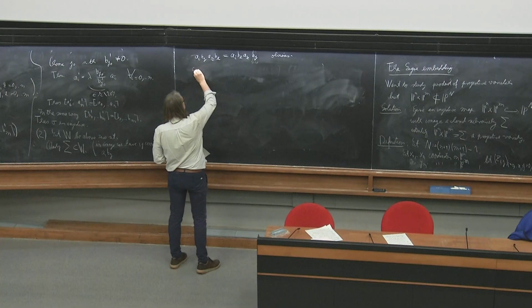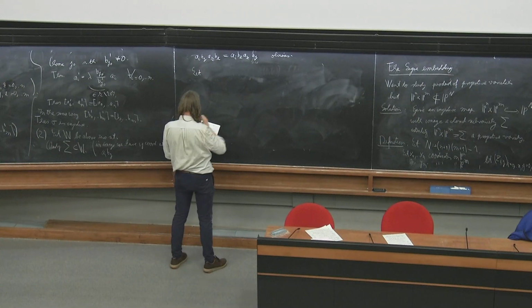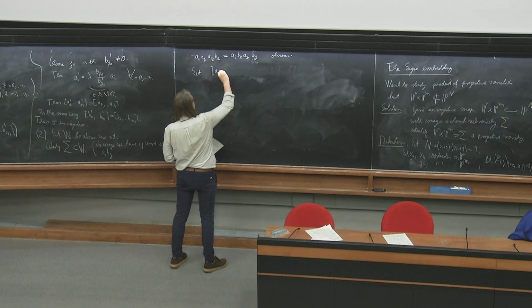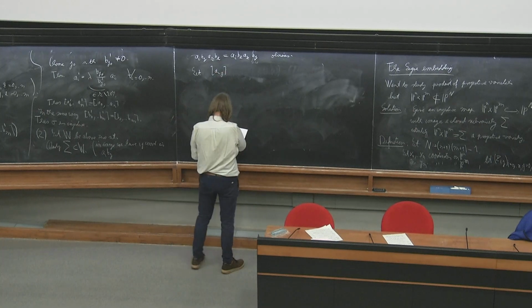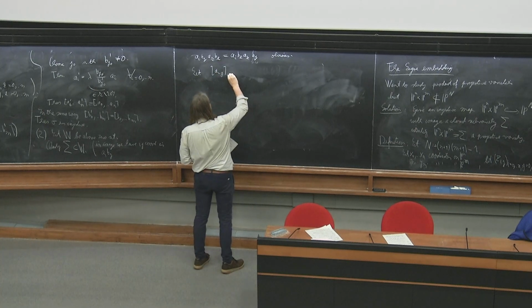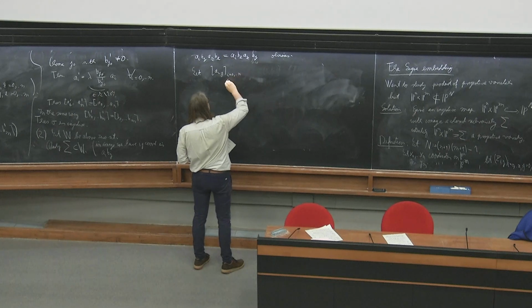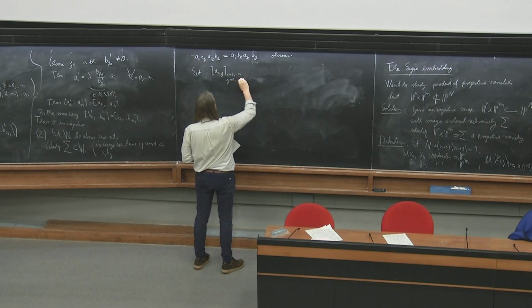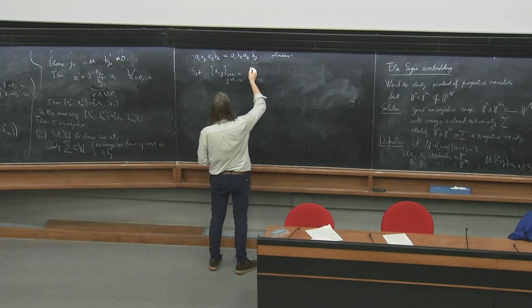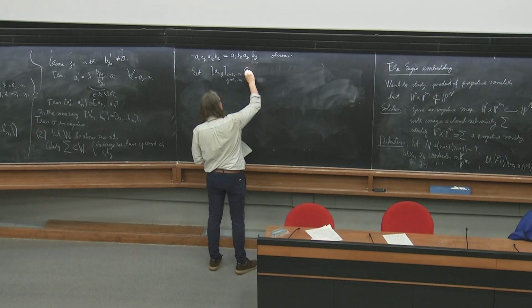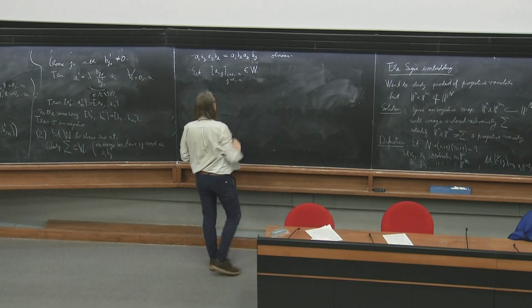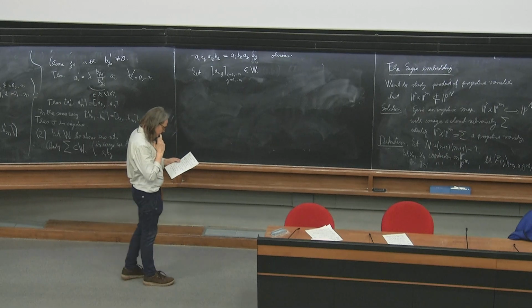So let A_ij, i from 0 to n, j from 0 to m, be in this zero set. We have to show it's in the image.